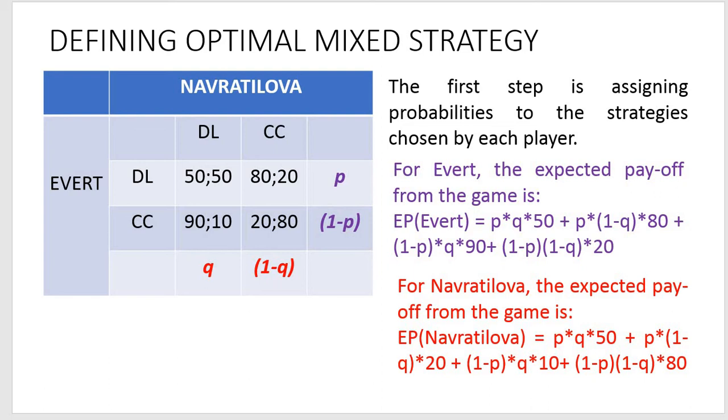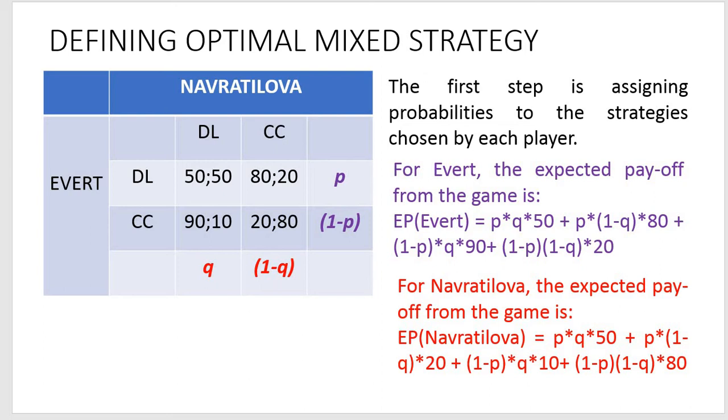So Evert can get 50 with probability Q times P, because it depends both on her strategy of choice and Navratilova's strategy of choice. So here you've got P times Q times 50. Evert might get 80 with probability P times 1 minus Q. And then expected payoff for her is 80 times P times 1 minus Q.